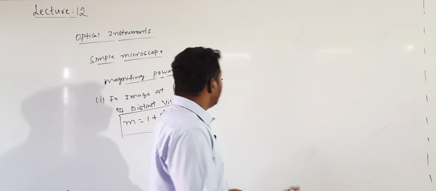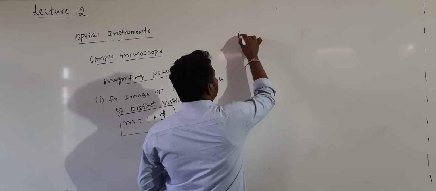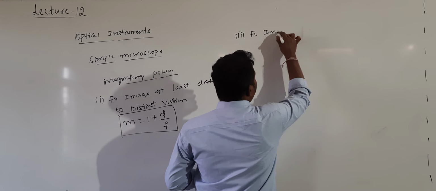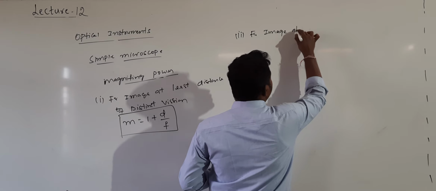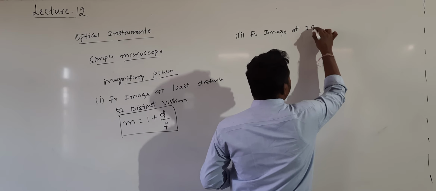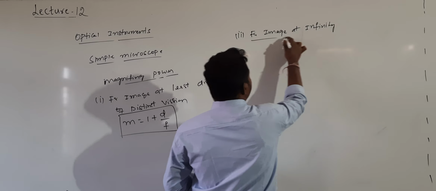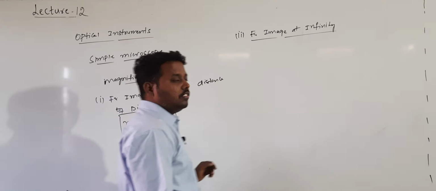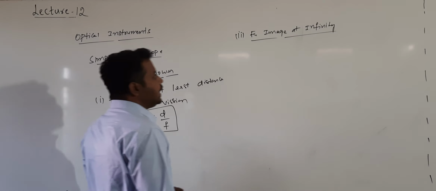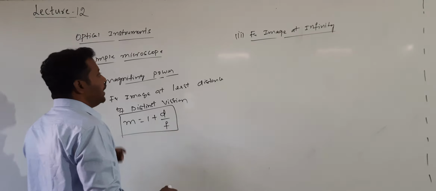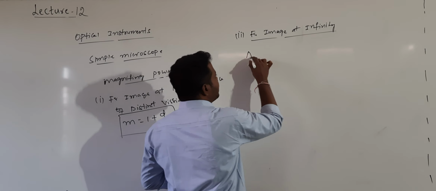And one more formula we want, for image at infinity. If the final image is formed at infinity, what is the magnification that we need to know? Whenever the image is formed at infinity, we call the magnification angular magnification.